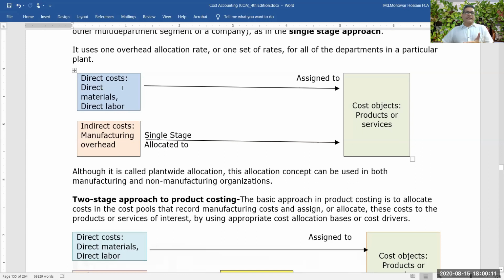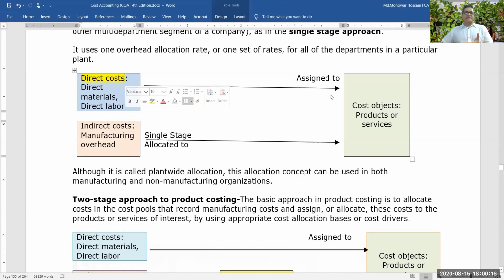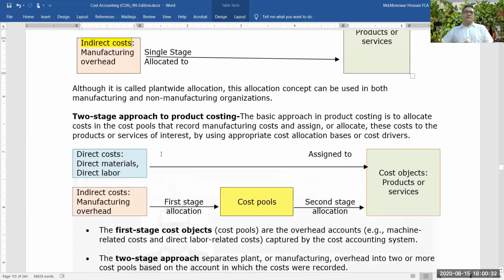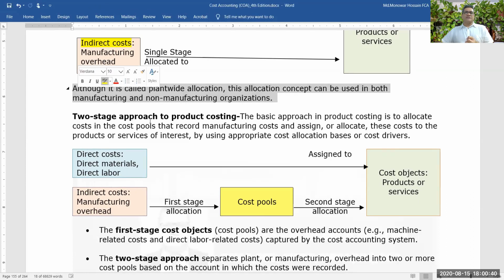That means direct cost, direct material and labor, is assigned to the cost object, product or service, and indirect cost, manufacturing overhead, is allocated in a single stage to the product or service. Although it is called plant-wide allocation, this concept can be used for both manufacturing and non-manufacturing overhead.